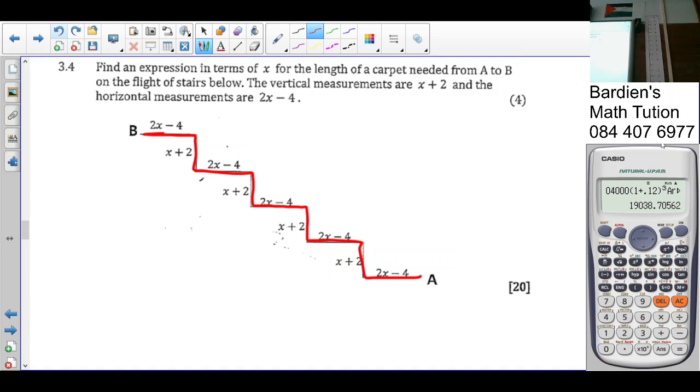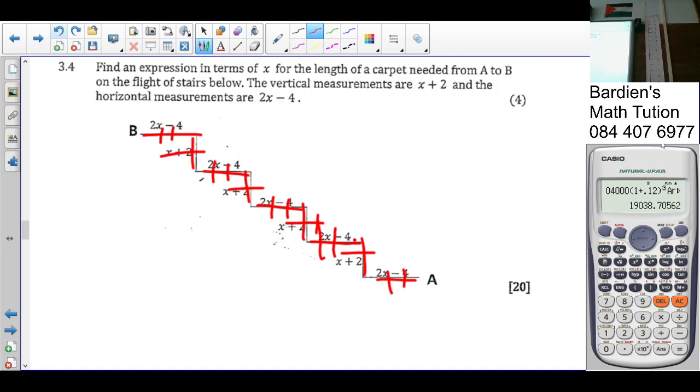So, from A to B on the flight of stairs below, the vertical measure is x plus 2, which is the rise, this part here. Whilst the horizontal is 2x minus 4. If you had seen the stairs, people, you will see that this all would be equal in length, and that there again is equal in length.